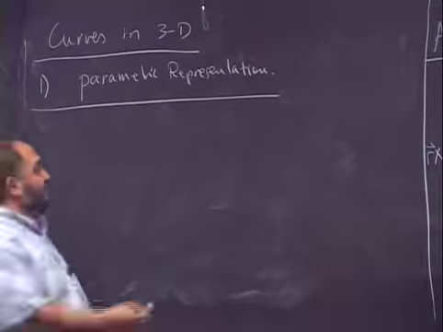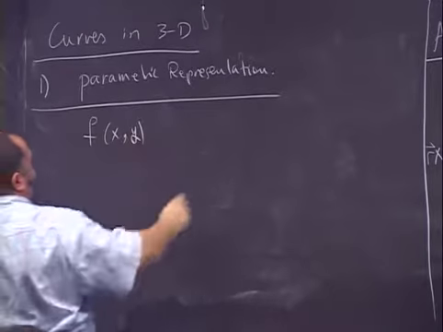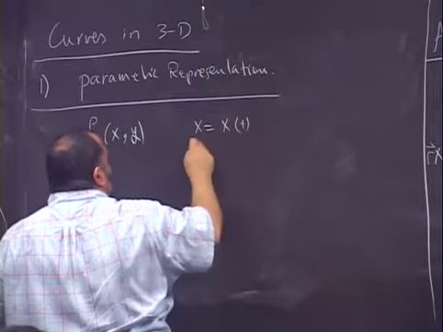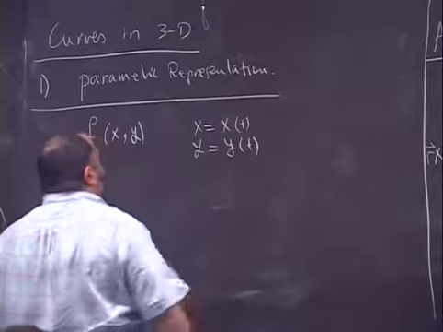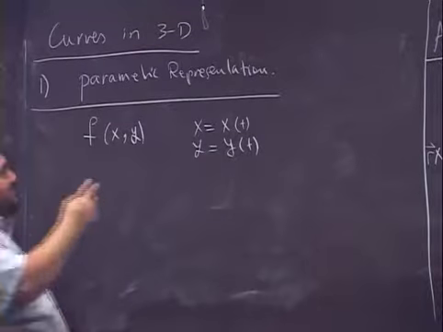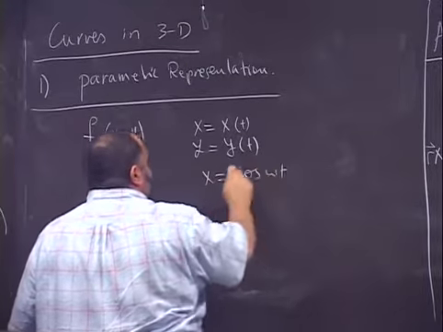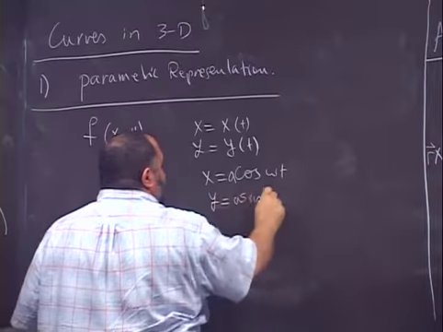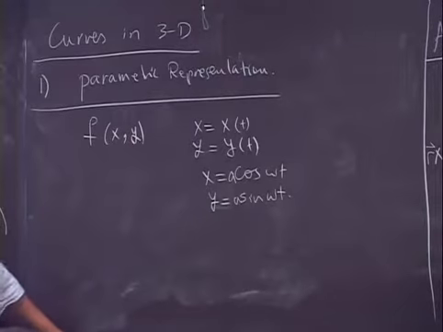So if you have a function of x and y, then each one of these, x and y, is a function of time. So this is called parametric representation, for example. So let's assume that x is a cosine omega t, and y is a sine omega t. So this is called parametric representation of the function itself.